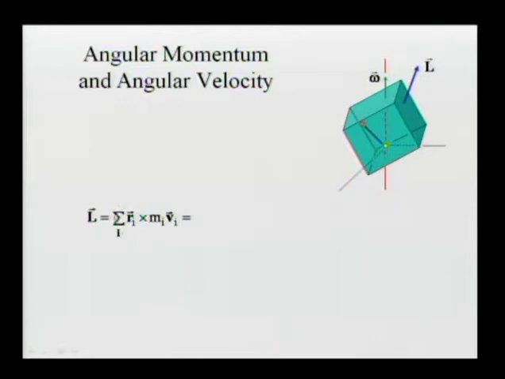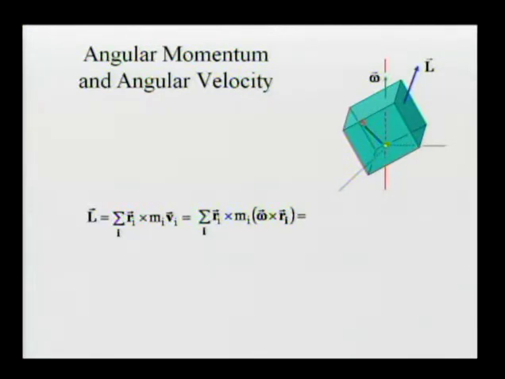Total angular momentum requires that we add all angular momenta. Now, if it is a rigid body, then the velocity of the ith particle we can always represent as a superposition of a translational motion and rotational motion.